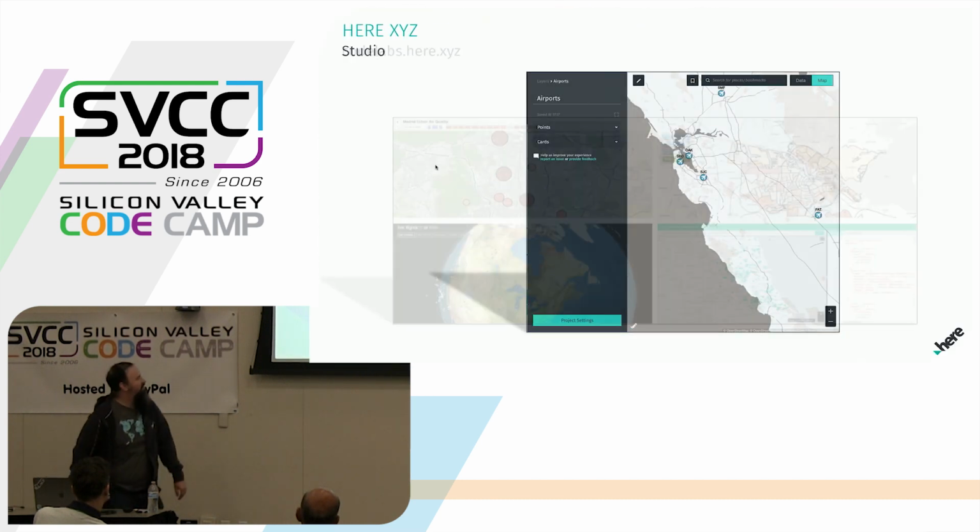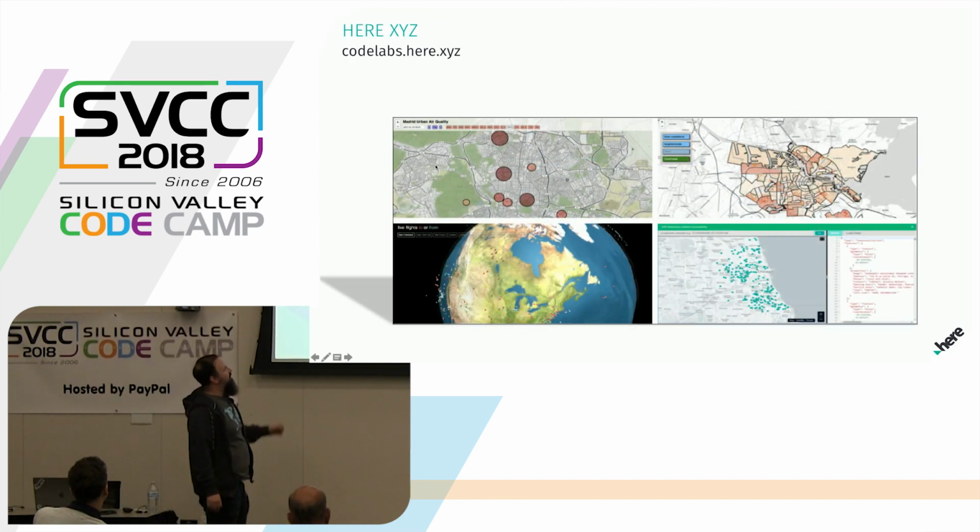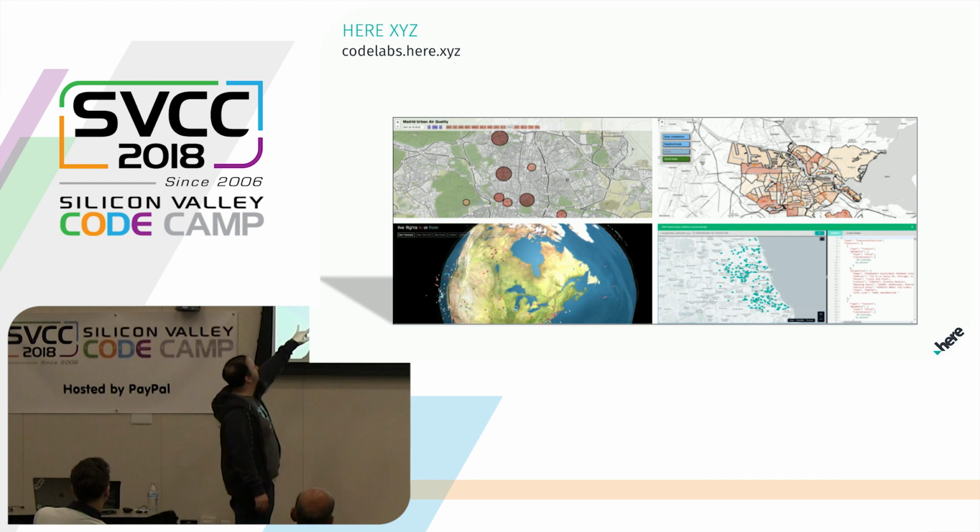Here's another sample of some of the tutorials and things that have been done with XYZ. If you go to codelabs.here.xyz, you can find the instructions for how to create some of these. So the Madrid urban air quality, what's interesting about that one is it's using the geospatial database to run queries over time.